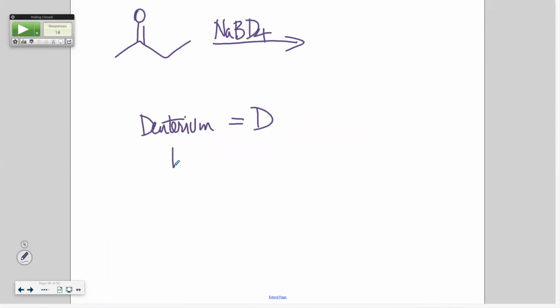It's hydrogen with what? A neutron. One neutron. Sometimes it's referred to as heavy hydrogen. Okay, so I'm going to use that, and then I'm going to just have H2O. What am I going to get?